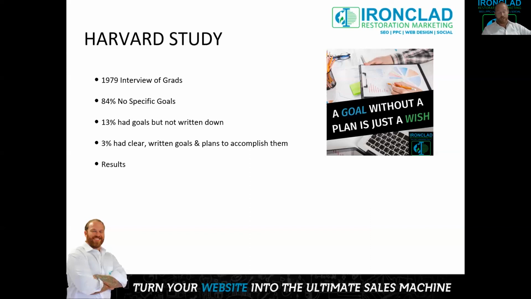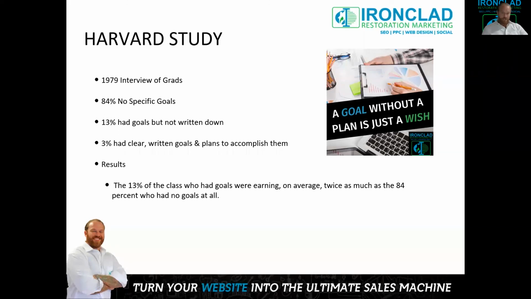So the result was that the 13% of the class that had goals, though not written down, were earning on average about twice as much as that other 84%. So that's literally just having a goal in your head that you want to achieve. On average, you were earning about twice as much as the people who had nothing. They just graduated and said, hey, we're going to join the workforce and see what happens.